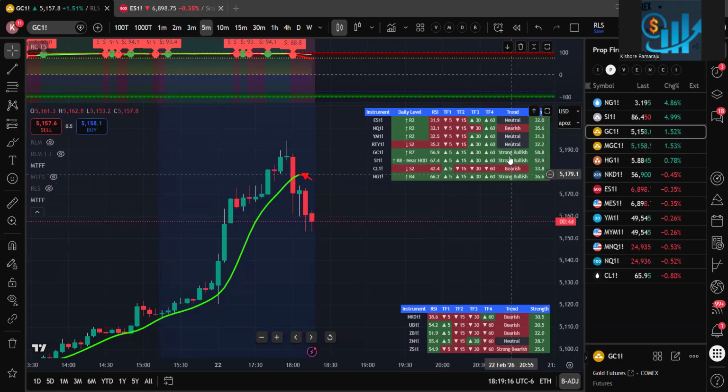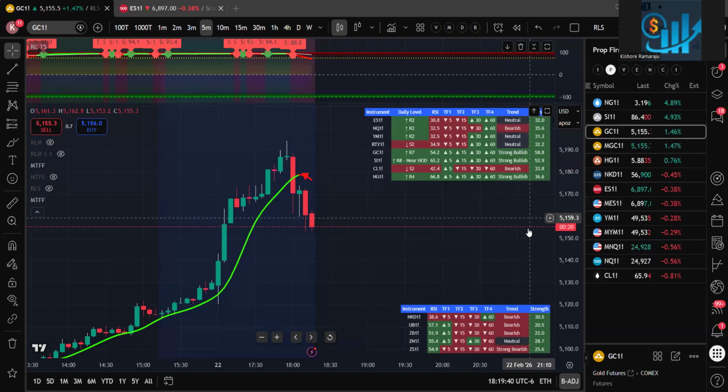So is it clear? Step number one, watch out for strong bullish, watch out for strong bearish. So out of all these tickers, now your focus is mainly on GC, silver, natural gas, and then soybeans for tonight, because they are the best opportunities. Everything else is either neutral or bearish or just bullish.